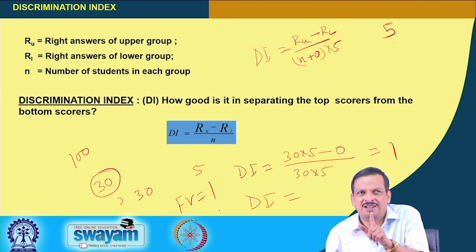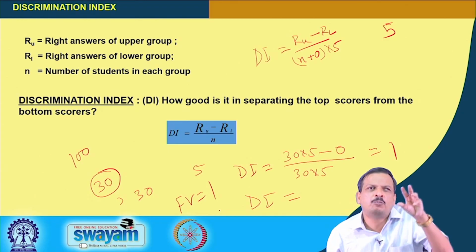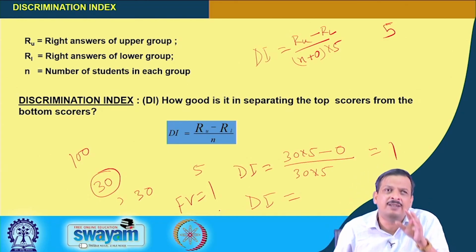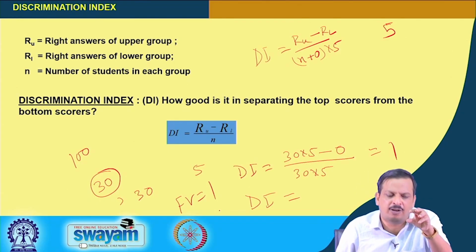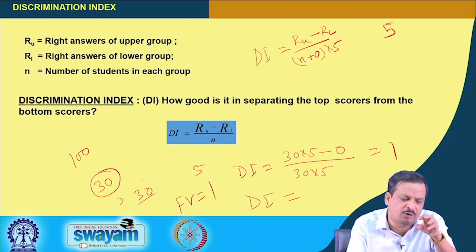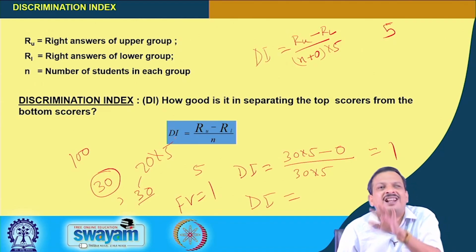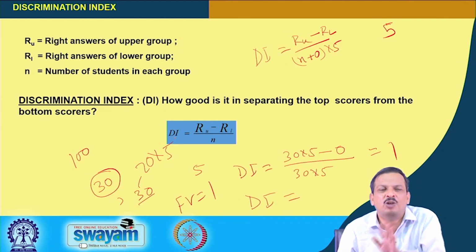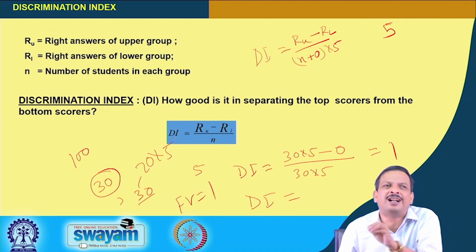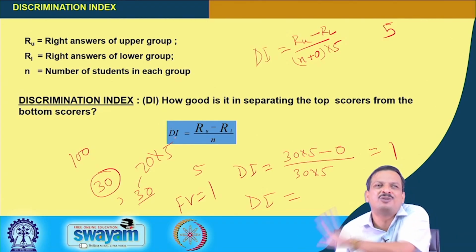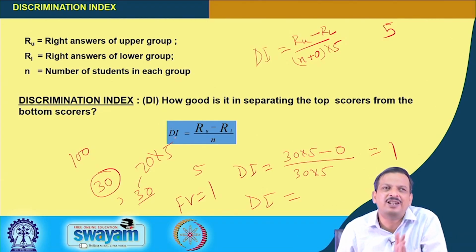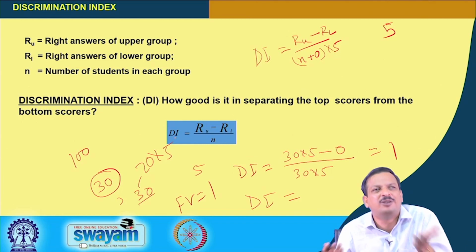The possibility is there, because suppose out of 30 students in the upper group, 20 students get 5 out of 5 and 10 students get 0. In the lower group also, 20 students get 5 out of 5 and 10 students get 0. Then 20 into 5 minus 20 into 5 equals 0.